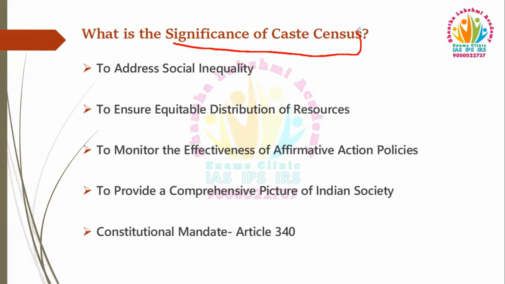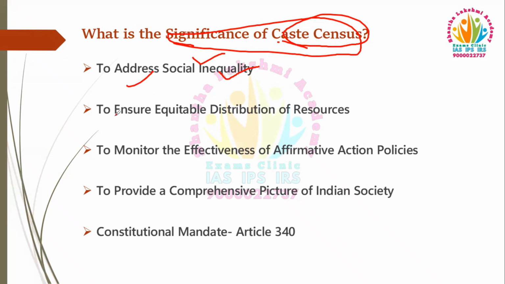As we all know, caste discrimination is still prevalent in society. So the data from the caste census would help us to identify the disadvantaged sections of society, address the social inequalities, and bring out targeted policies to uplift the marginalized sections.